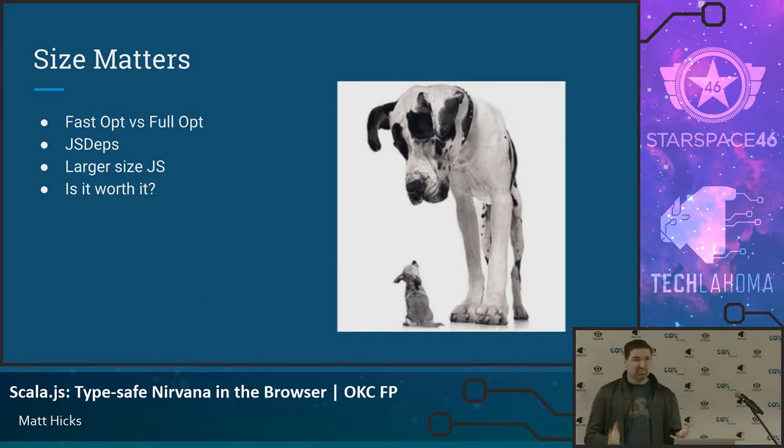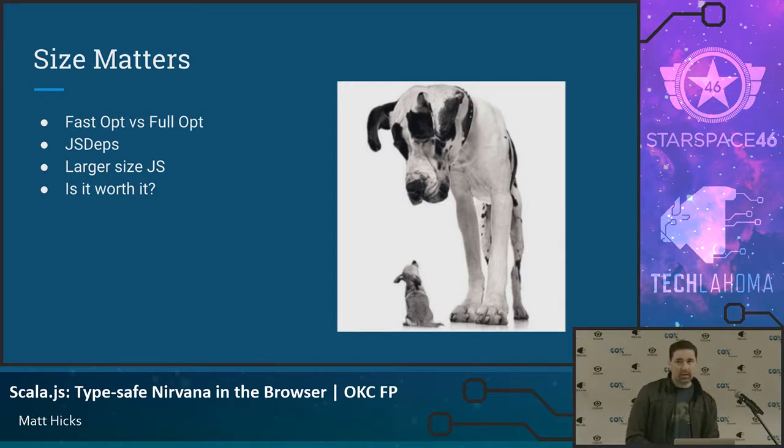That's fairly substantial, but we live in an age of fast internet connections, so get over it. There is a price you pay for this, but it's worth it because you do get so much with Scala that just makes life a lot easier.